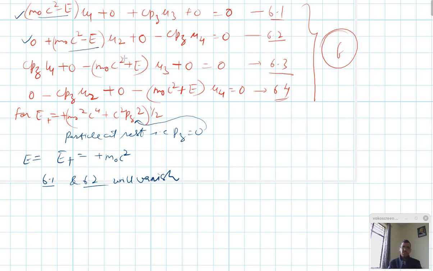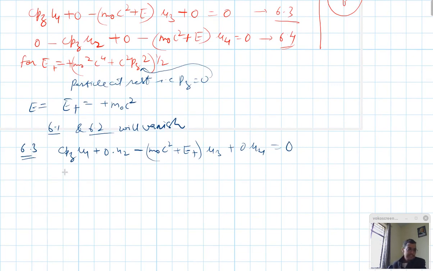So now from equation 6.3 it will become cpz u1, because this will not vanish, plus 0 u2 minus (m₀c² plus E plus) u3 plus 0 u4 is equal to 0.